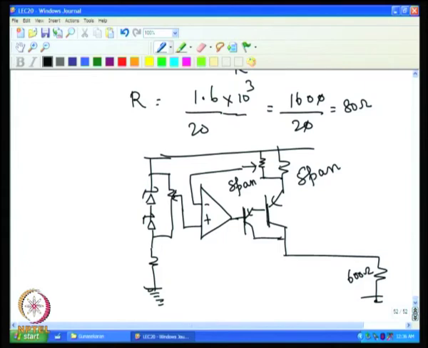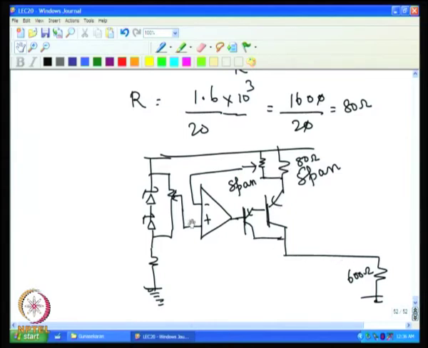Now, for that adjustment to happen properly, one has to calculate the values correctly. Normally we will have resistance here. For example, we need 80 ohms resistance here. If 80 ohm is put, when the potentiometer comes to one end, then 1.6 volt is there, and you will have exactly 20 milliampere flowing.